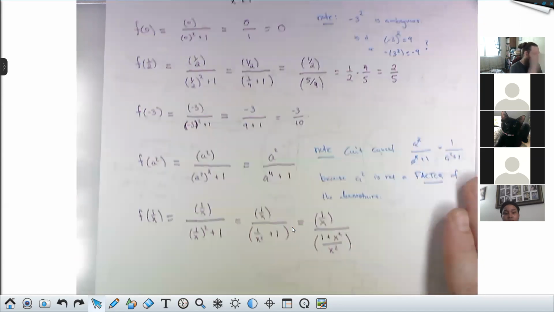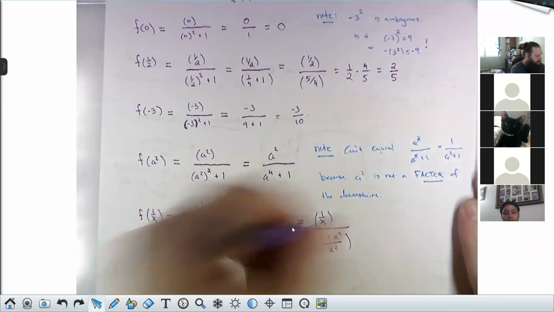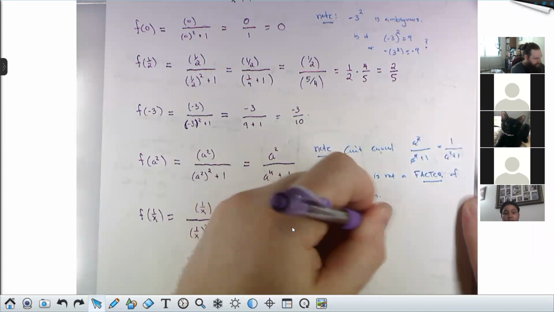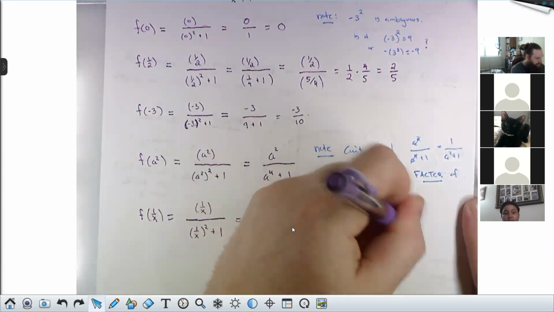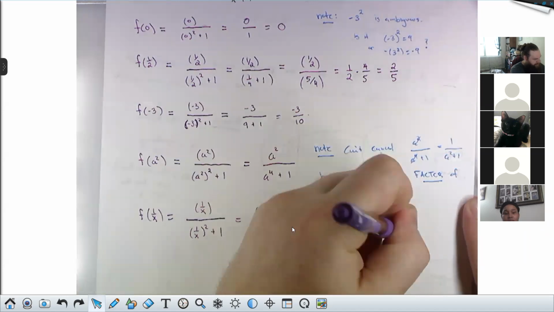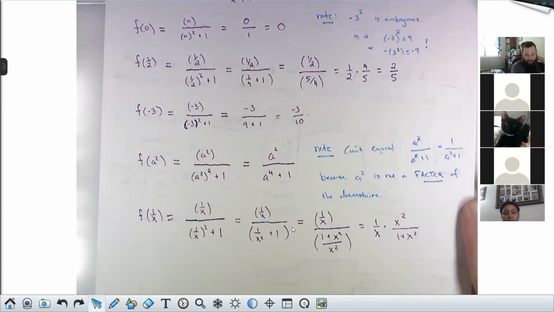And now again, I've got a big fraction where the top and bottom are each little fractions. So I'll leave the top alone, and I flip and multiply by the bottom. Can I cancel anything here?